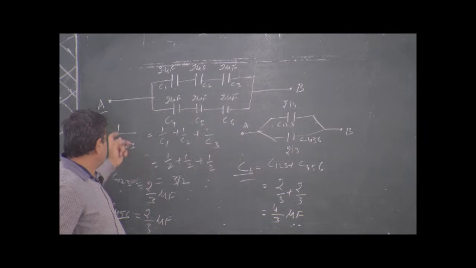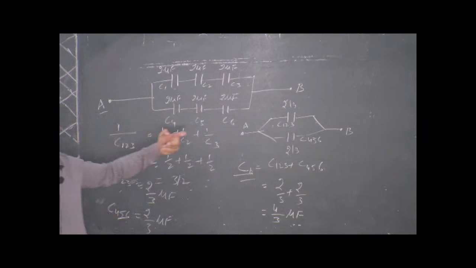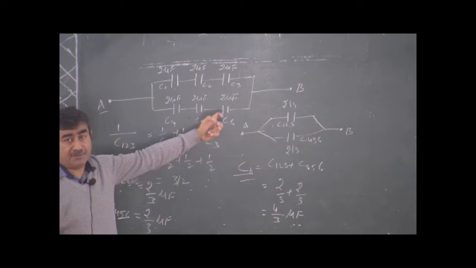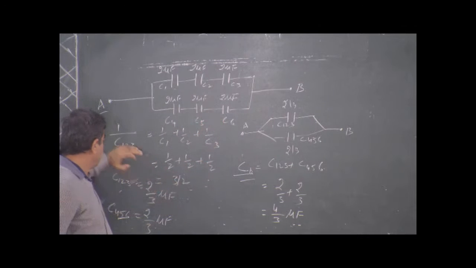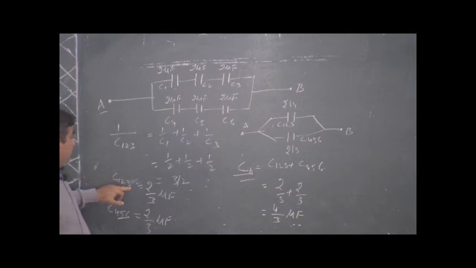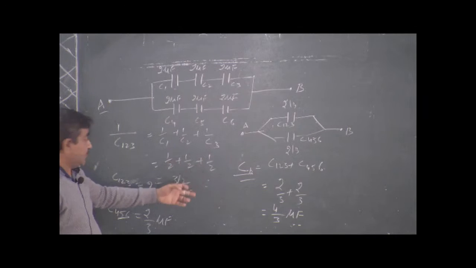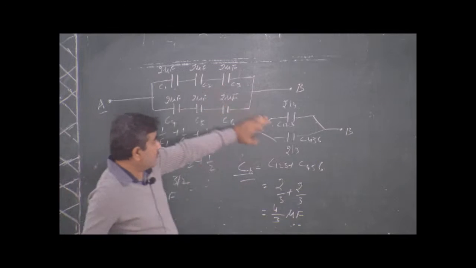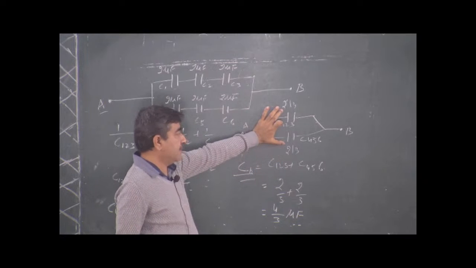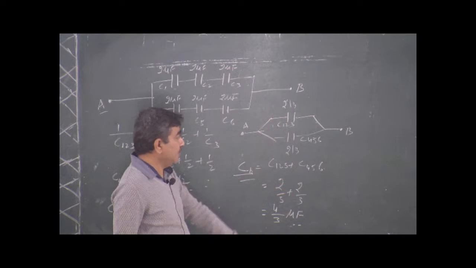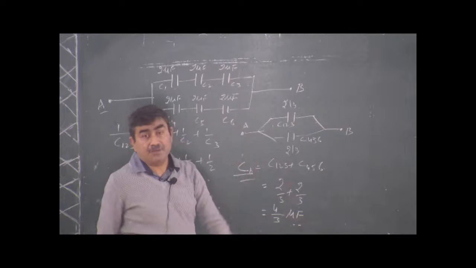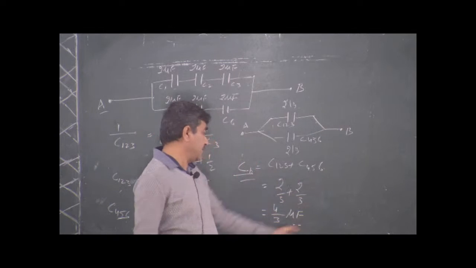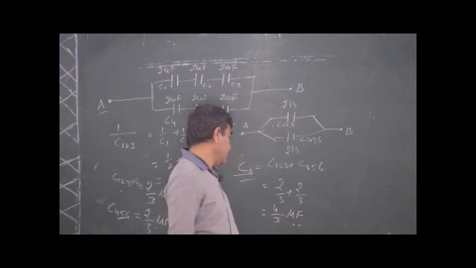तो ये आपकी सीरीज में क्या होता है, 1/C is equal to 1/C1 plus 1/C2 plus 1/C3. आपने ये कैपेसिटी निकाल ली, तो टोटल कैपेसिटी C123 will be just inverse of it, that is 2/3. और ऐसे ही ये भी सेम ही है, तो इसका भी वैल्यू 2/3 आएगी. तो this circuit reduces to this and finally it is a parallel circuit. इन पैरेलल सर्किट क्या होता है, Cp is equal to C1 plus C2. तो यहाँ से आपने 2/3 प्लस 2/3 which is equal to 4/3.